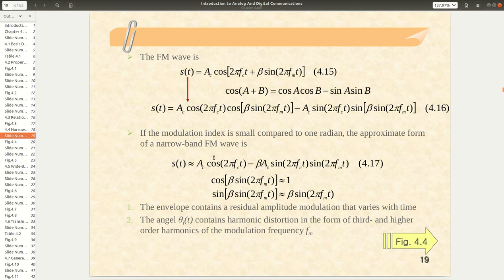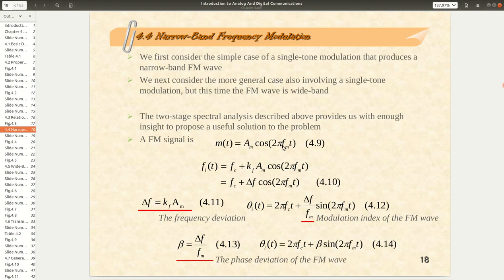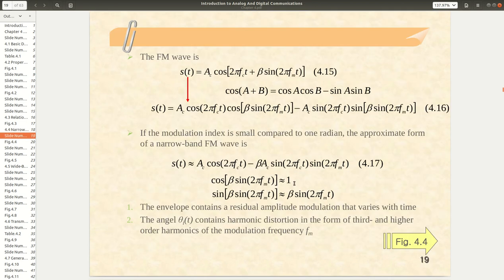Now if this is the modulation, he will make some assumptions. This is just an assumption to reduce the complexity of this equation. So the modulation index, where f_m is the modulation frequency, if the modulation index is very small compared to 1 radian, we can make some approximation.